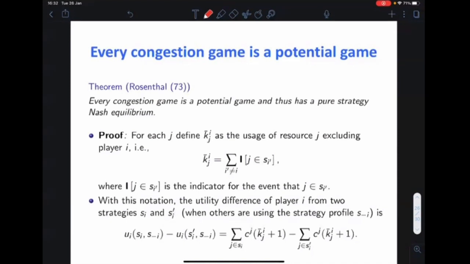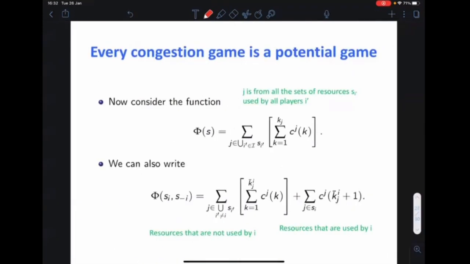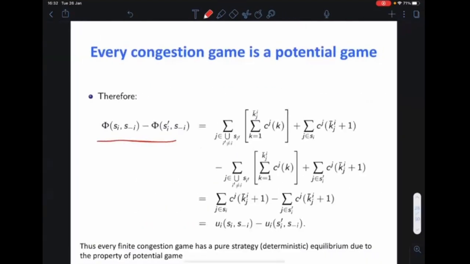So if you want to prove this congestion game is a potential game, obviously you create this phi function, and basically show that the difference of phi with respect to this player i's strategy change would be the same as this player i's payoff change when they change the same strategy from S_i to S prime.